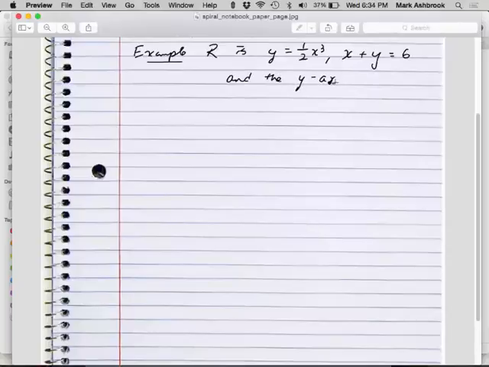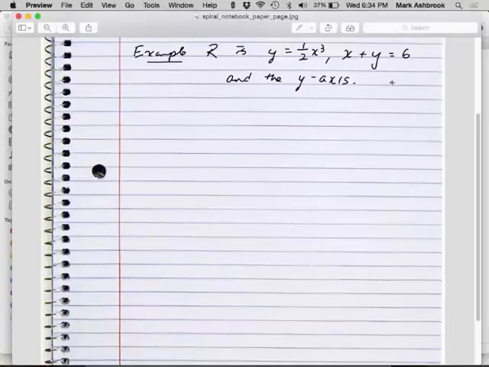Y equals 1/2 x cubed, x plus y equals 6, and the y-axis. Why don't you practice seeing if you can get the right region? Can you get the right region?